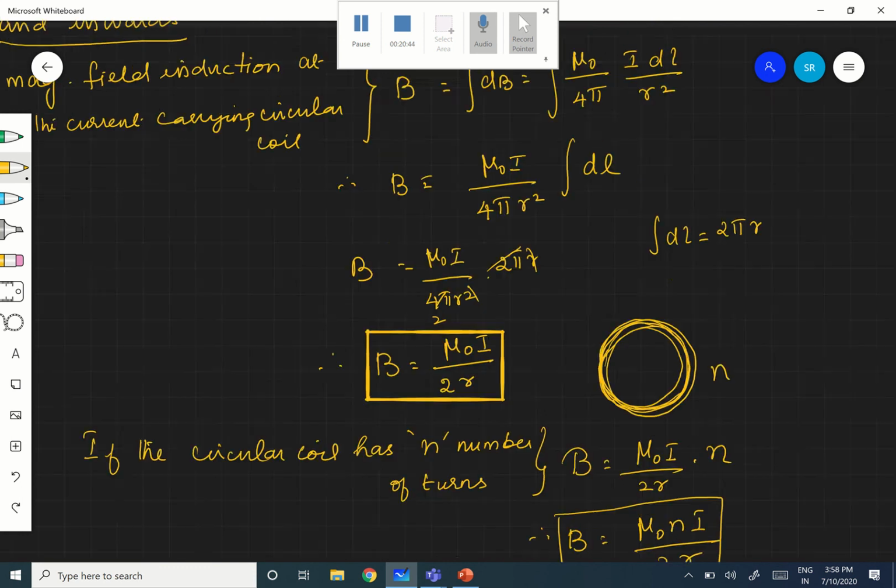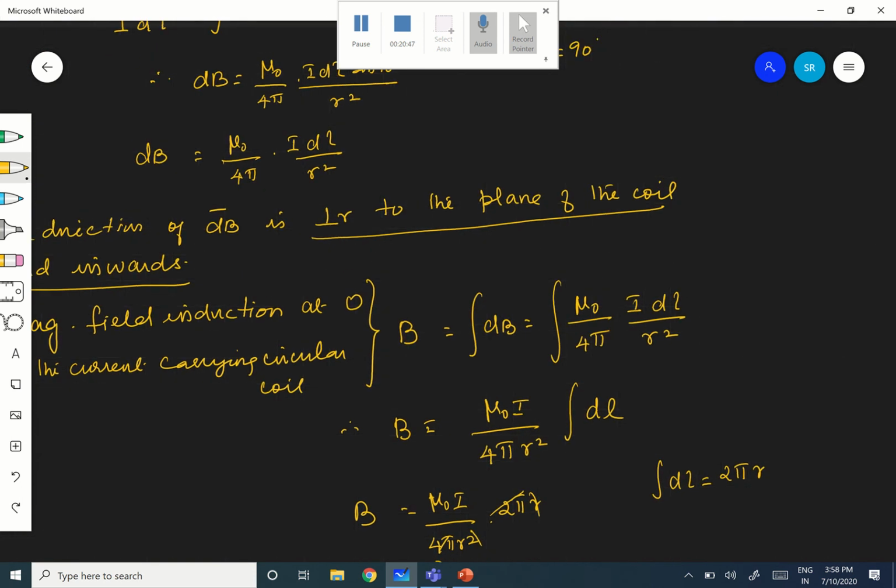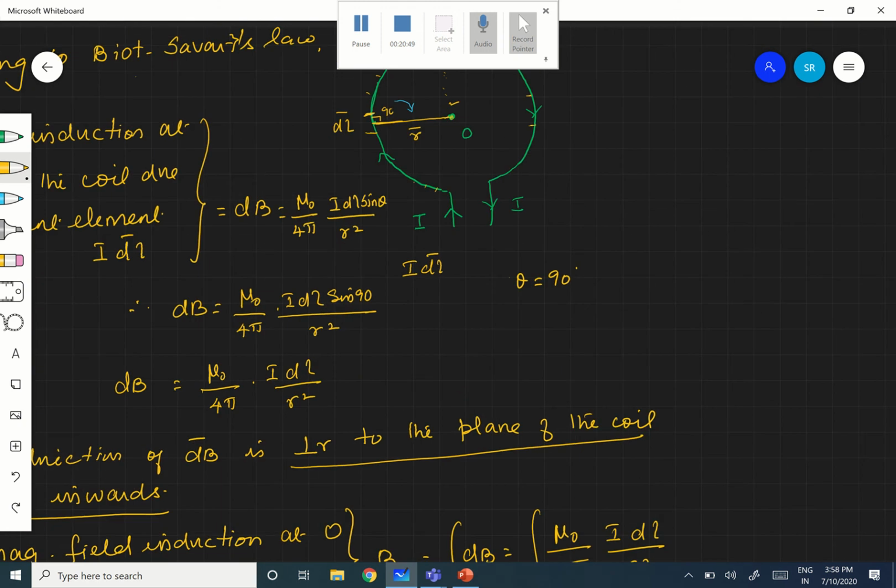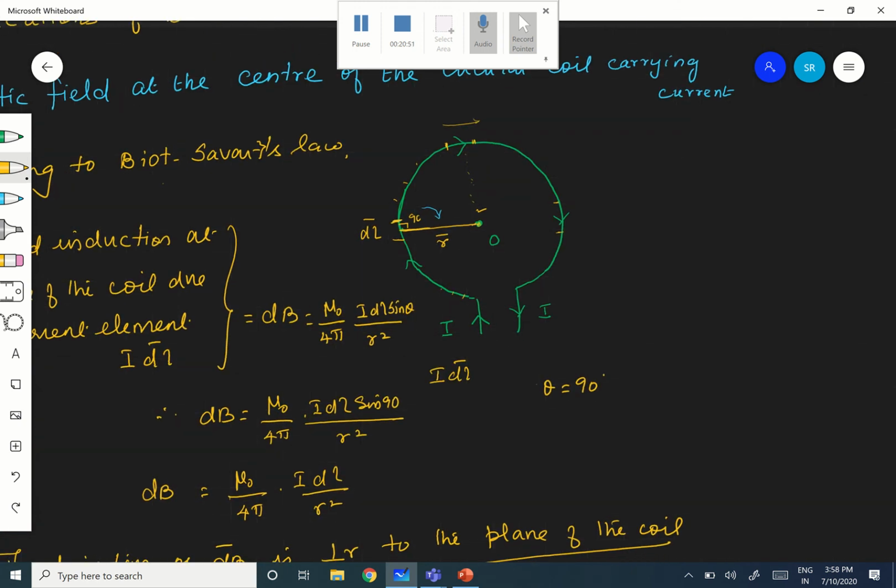Very important here: what is the direction of the current in the coil? It is in the clockwise direction. If it is clockwise, then the field is perpendicular to the plane of the board and directed inward.